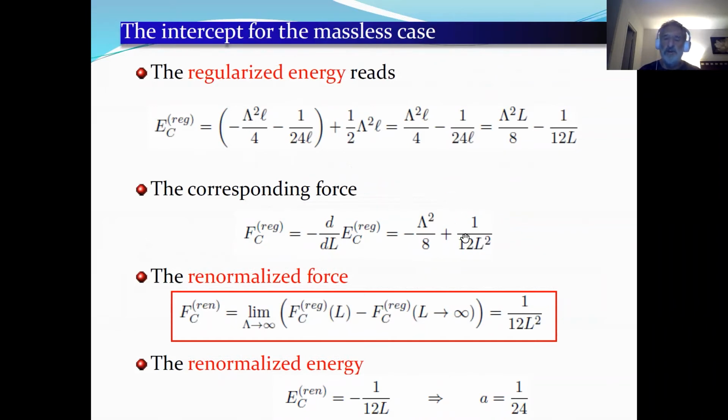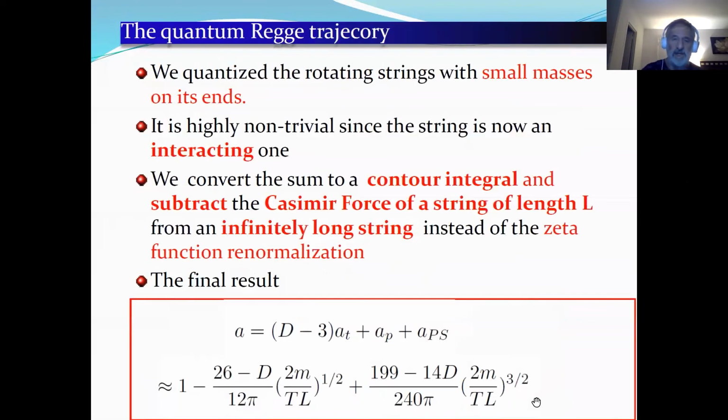So that will be the force of the string, the Casimir force of a string of length L. For length L going to infinity, this term will not be there, and when we subtract, this will be dropped, and so we are left over with this, which gives us back the right Casimir energy.